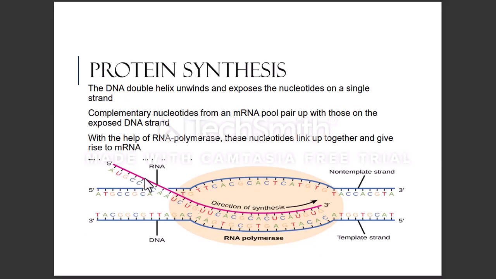Some nucleotides bind at some particular site on that exposed DNA strand, and from that portion there is RNA polymerase, this enzyme that gets into it and adds other nucleotides. Okay, so it increases the nucleotides, and at the end you have this messenger RNA that is formed from the DNA template.